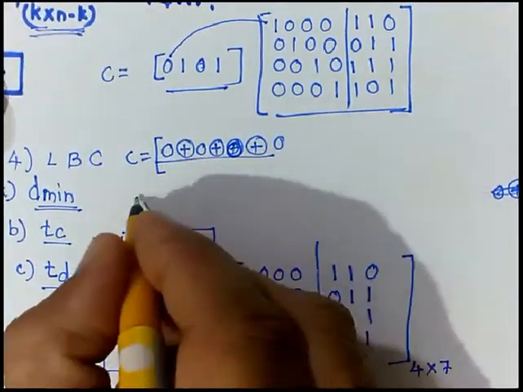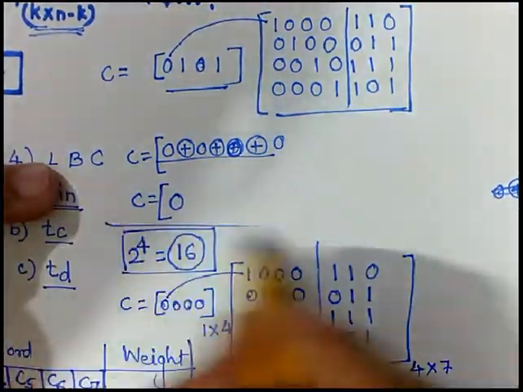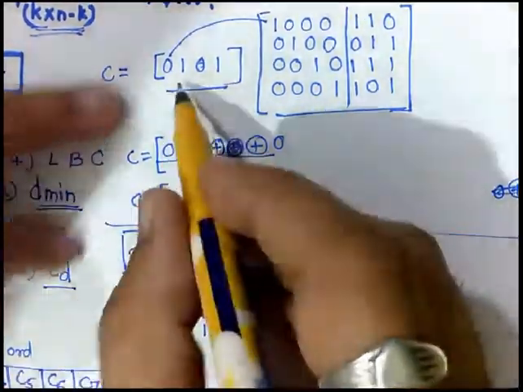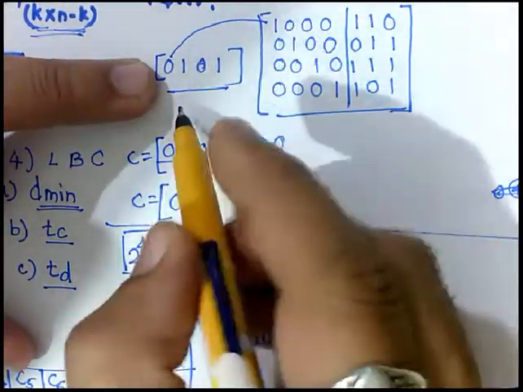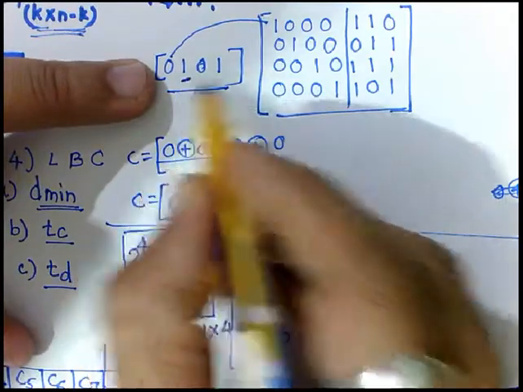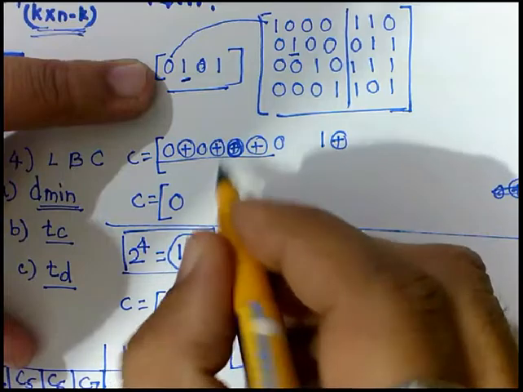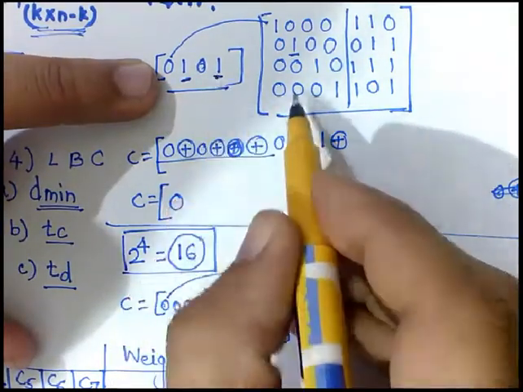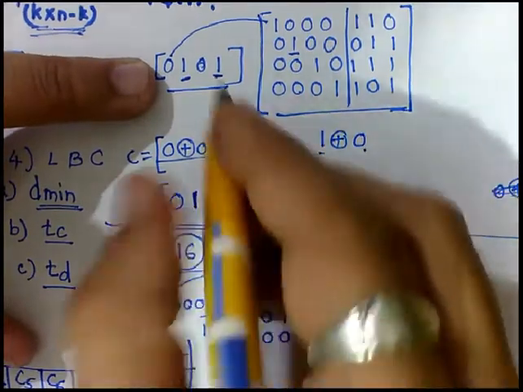So this is how the answer for this first bit will be 0. Same thing we can carry out for the other case. Rather than multiplying with the 0, let's concentrate only on the 1. So 1 into 1 is 1, XORed with the last bit 1 into 0. So 1 XORed 0 is 1.